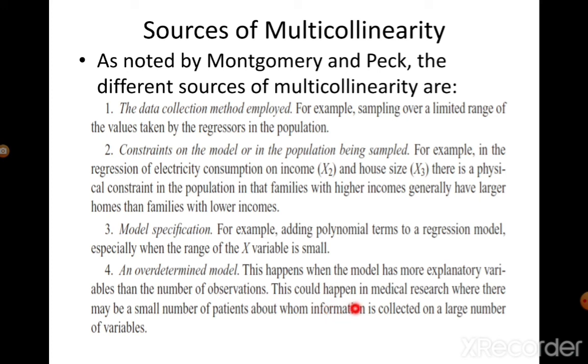So you have data about a large number of variables, but a very small number of patients. If your number of observations is less than the number of explanatory variables, you will not be able to estimate the model, and there will be high multicollinearity in your model.